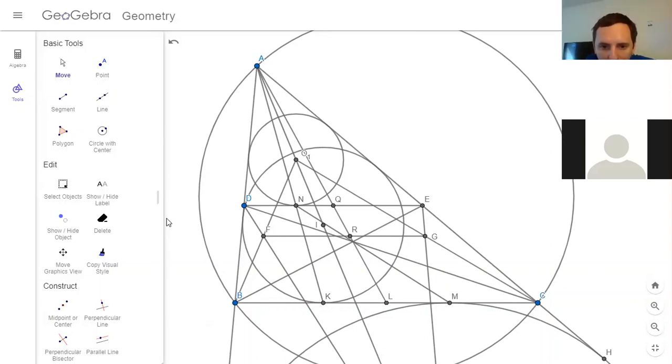Is there projective geometry? So yeah, maybe it would help.